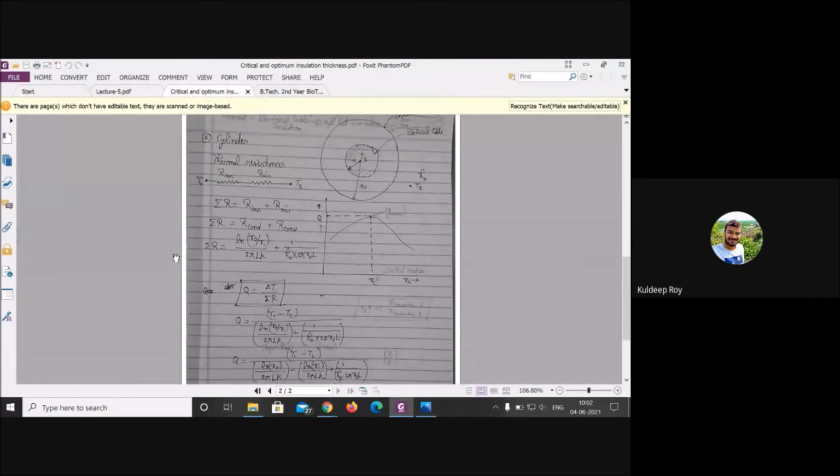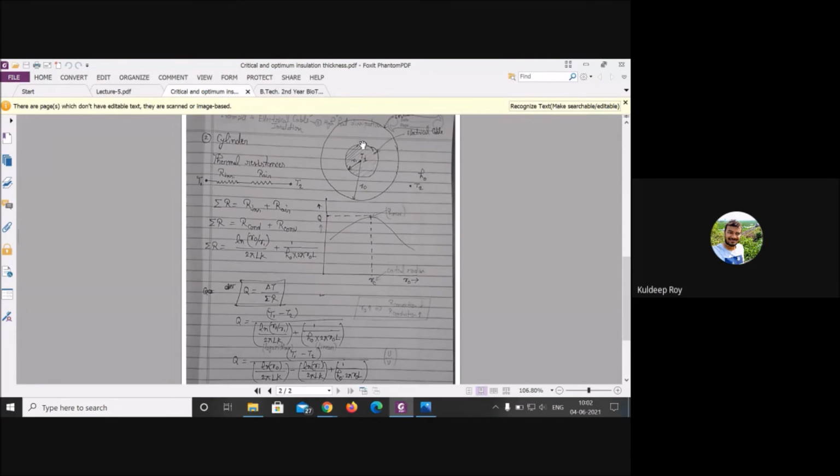First you have to determine which kind of resistance is there. If you look into that, here is one resistance due to the conduction. Sorry, insulation. I have written here insulation, and the second will be your air.